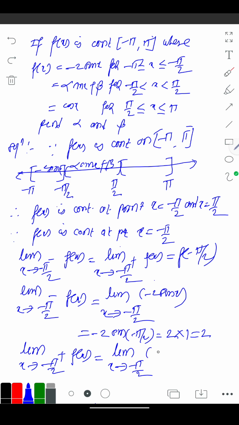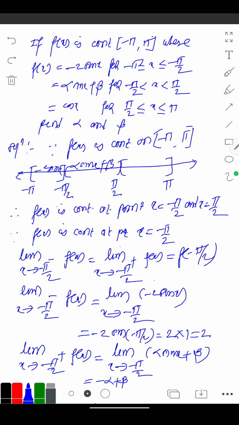So we write α sin x + β, then we put the limit directly, so we get sin(-π/2), and sin(-π/2) is -sin(π/2), that is -α + β, which equals -α + β.